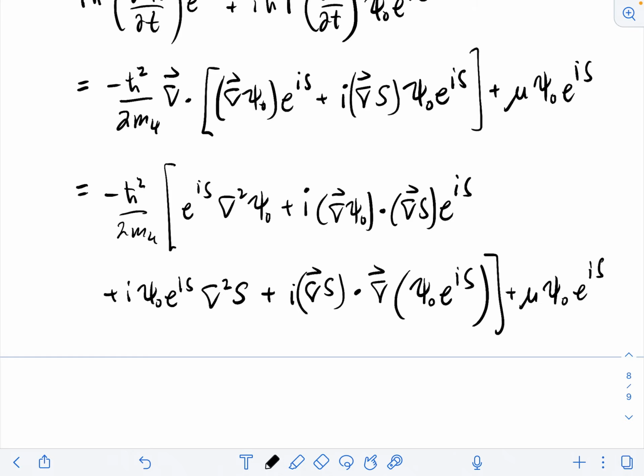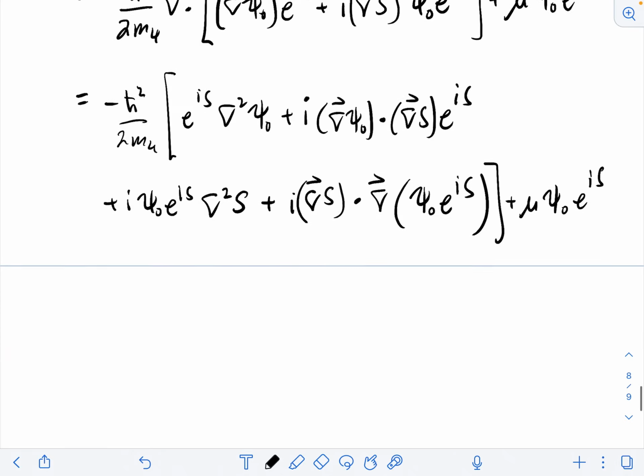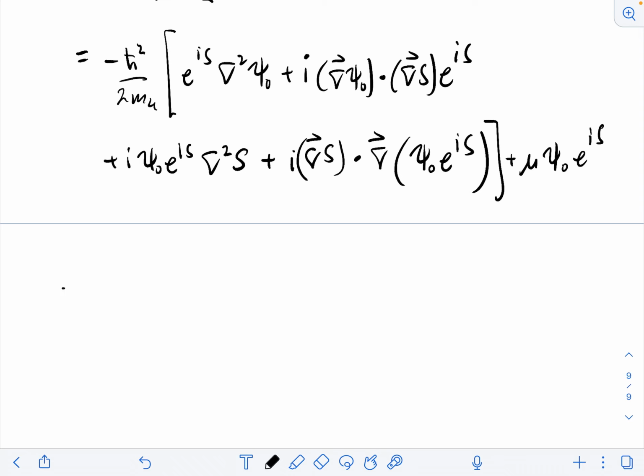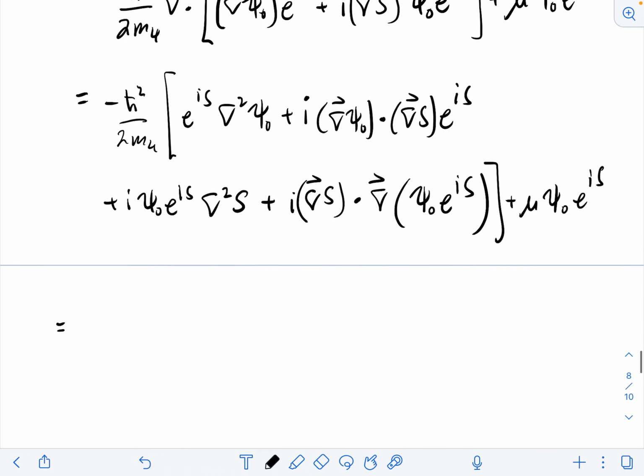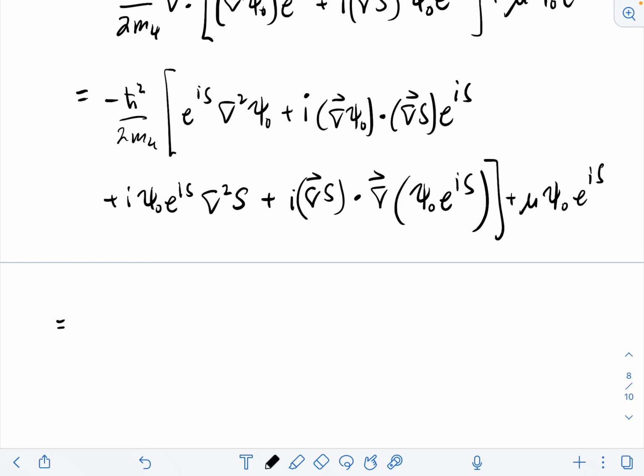Okay, so we're getting there. The left-hand side is still the time derivative part over here, so we're still just working on the right-hand side now. Minus ħ² over 2m. So a lot of this stuff will leave the same. e^(is) del squared φ0 plus i.